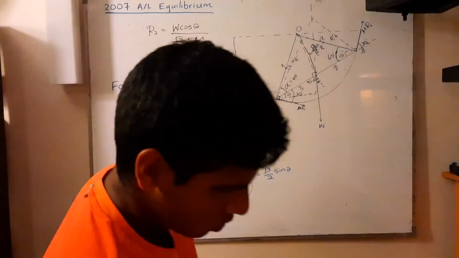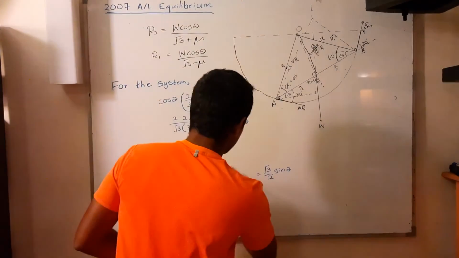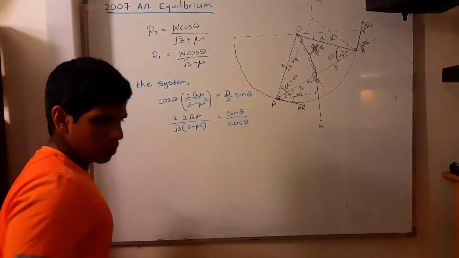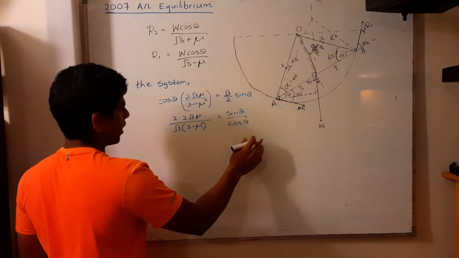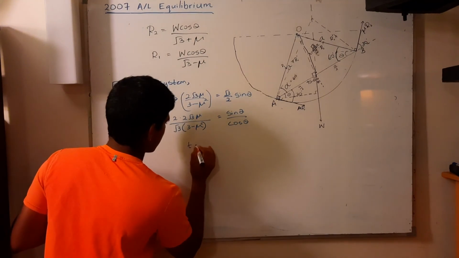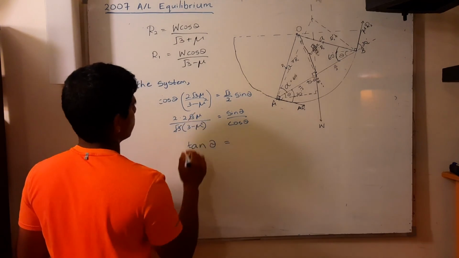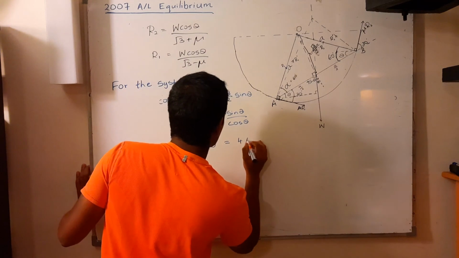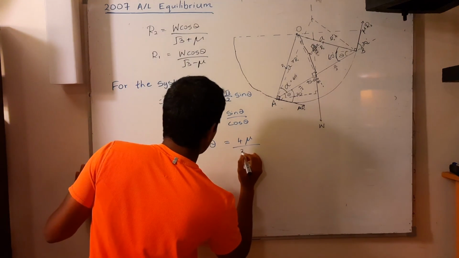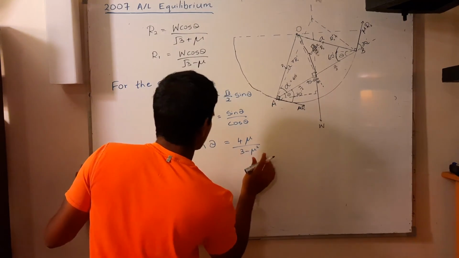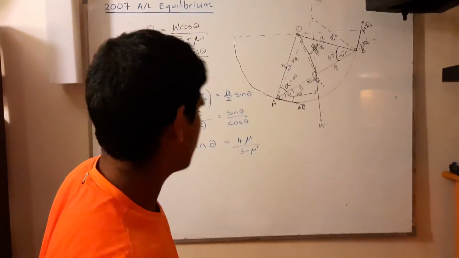Need some more space, so I will erase this as well. Sin theta over cos theta is tan theta, and root 3 gets cancelled with root 3. We get tan theta equals 4 mu over 3 minus mu square. And if I am not mistaken, yes, that is what we've been asked to show.